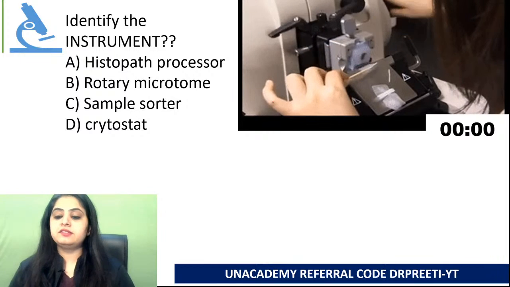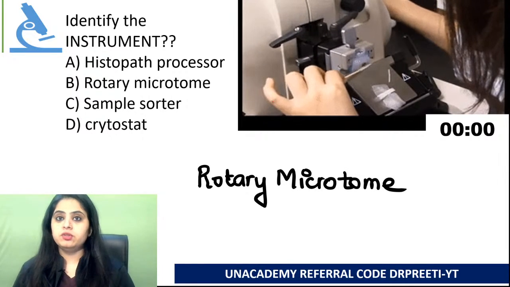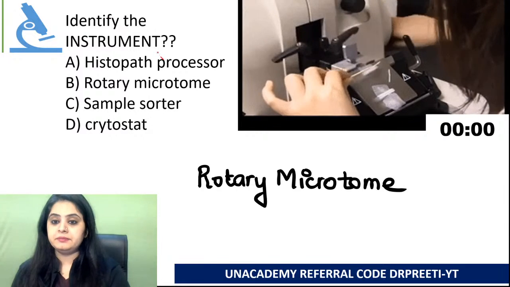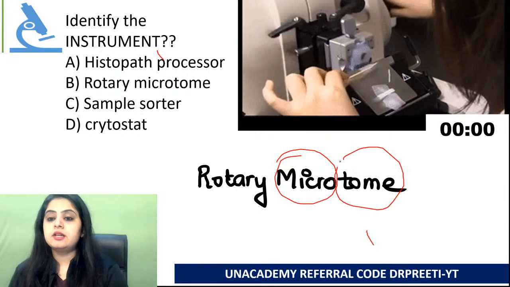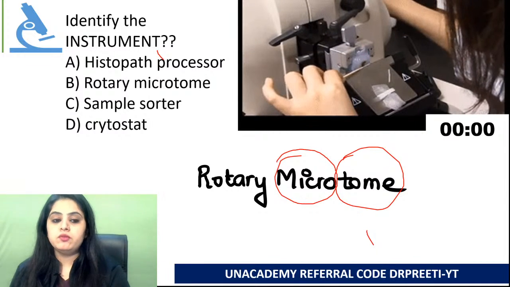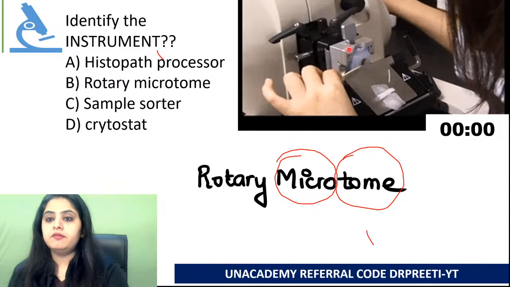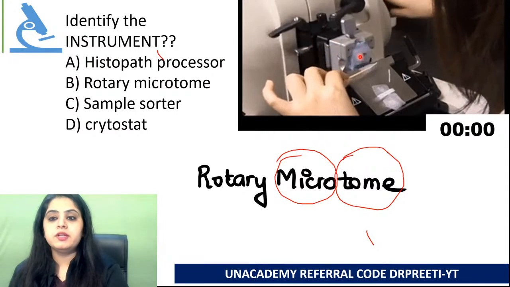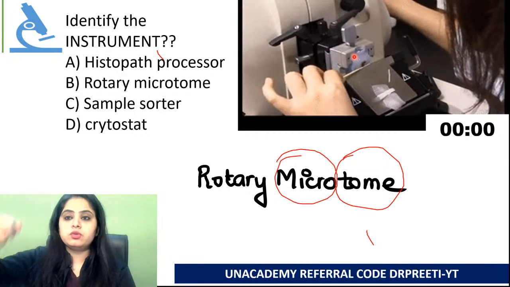See, guys, this is a rotary microtome. First and foremost, let's dissect it. Microtome means cutting machine. You can see I've got a white color paraffin block over here. Let me use a laser pointer and show you. And do you see how the pathologist or the technician is rotating the blades?